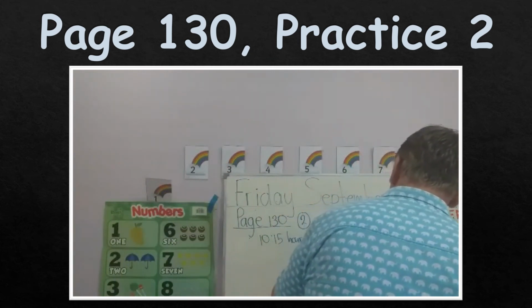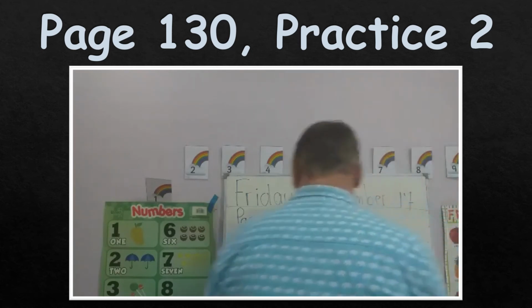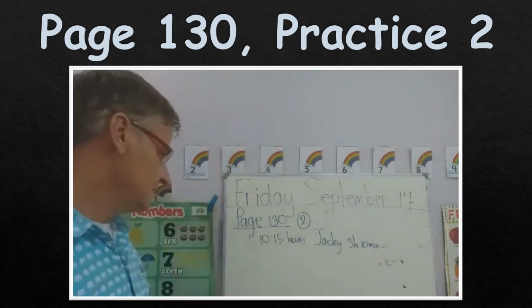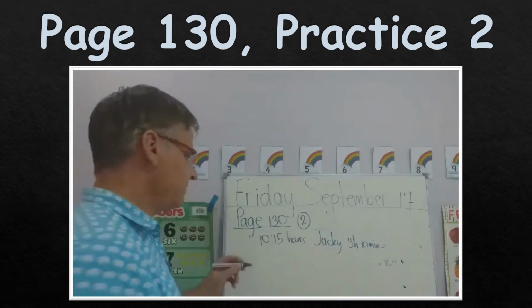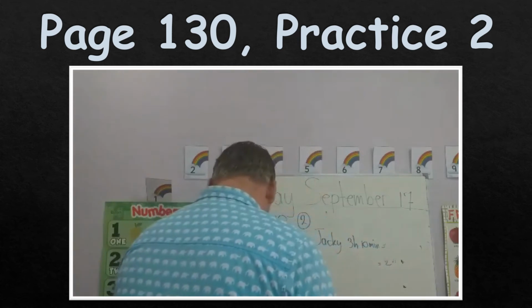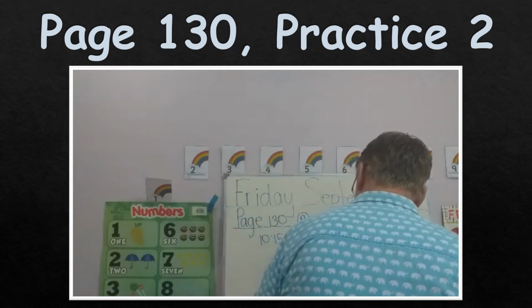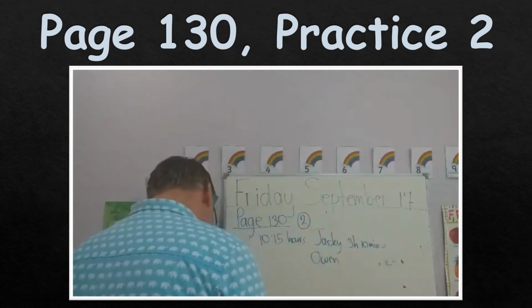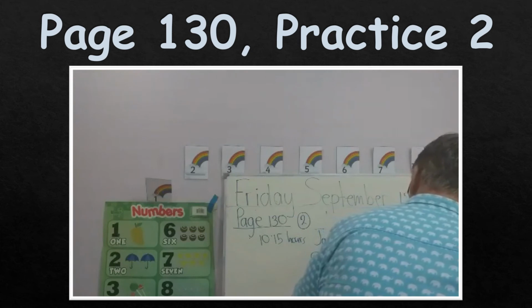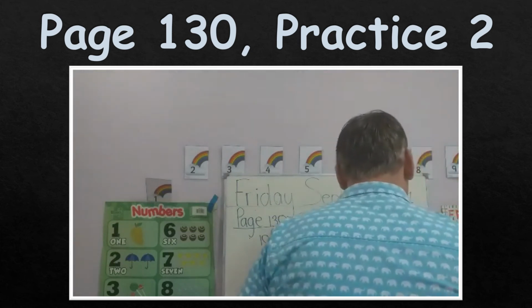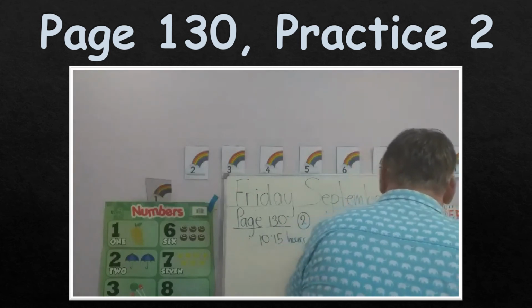Three hours, 10 minutes. Okay, now, then we know that Owen arrived at, what time did Owen arrive? At 13 hours 16. 13, 16.